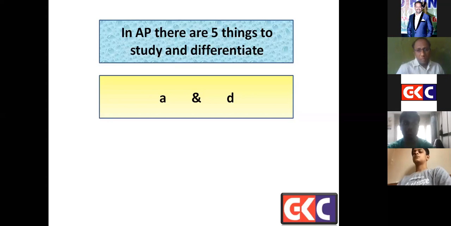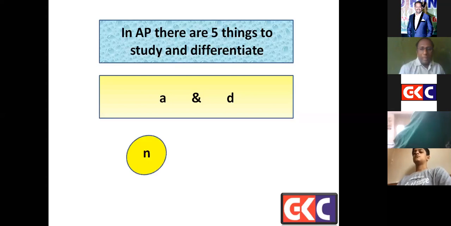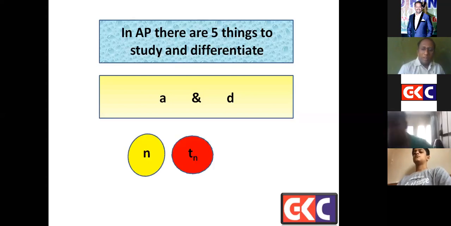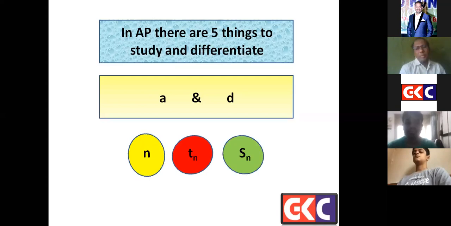There are 3 more terms left: N, Tn, and finally Sn. I know most of the time the confusion is between these 3 things. Am I right? Let us understand the difference between them.